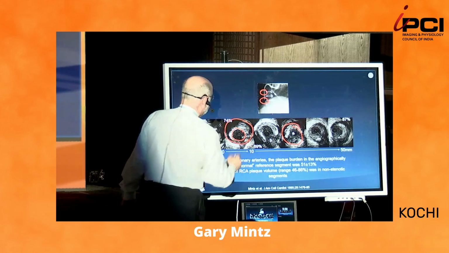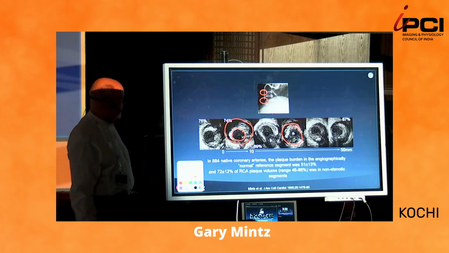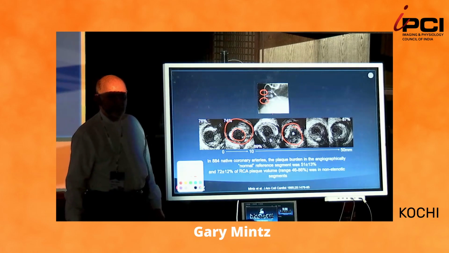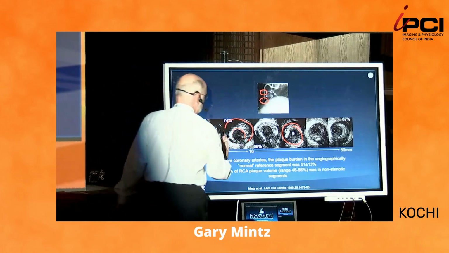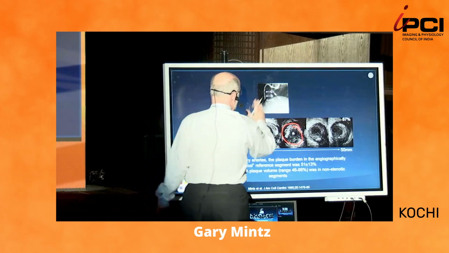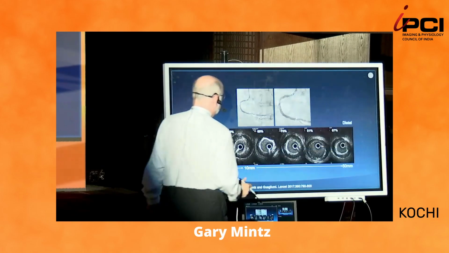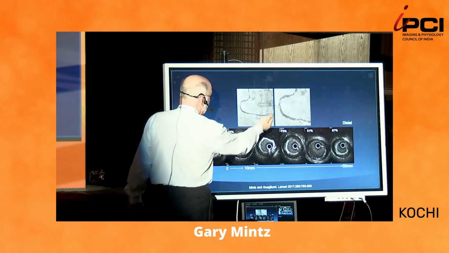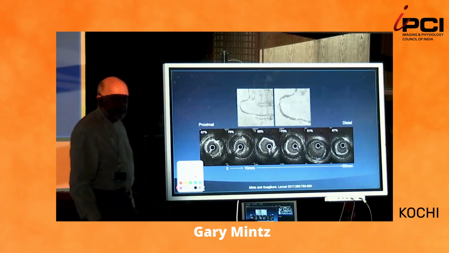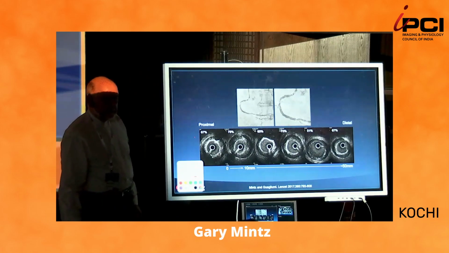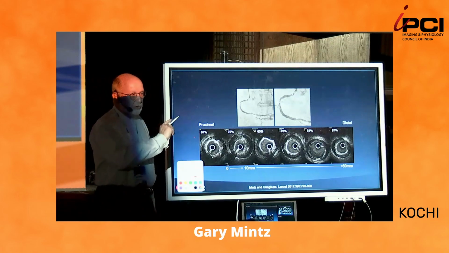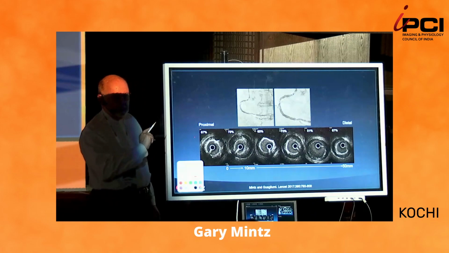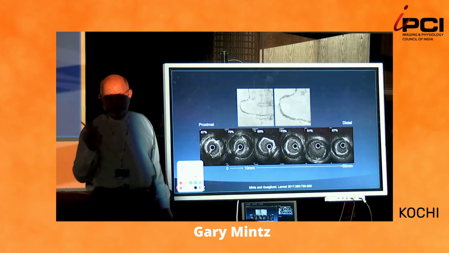You've got a plaque burden of 75% angiographically normal. Another example, 80% plaque burden in a segment of coronary artery that's angiographically normal. This is what determines the long-term mortality of a patient, not the lesion that you're stenting.